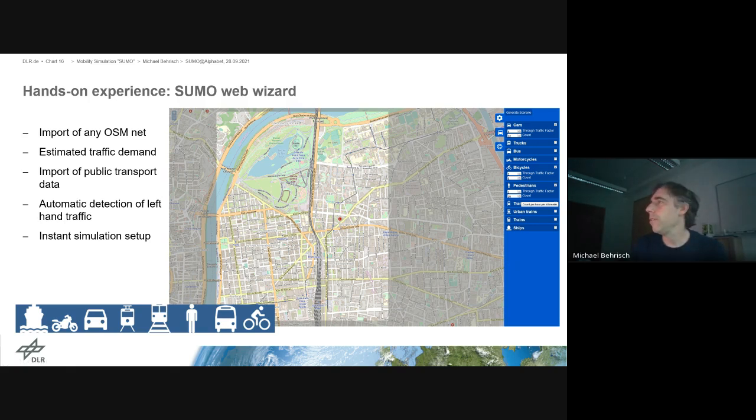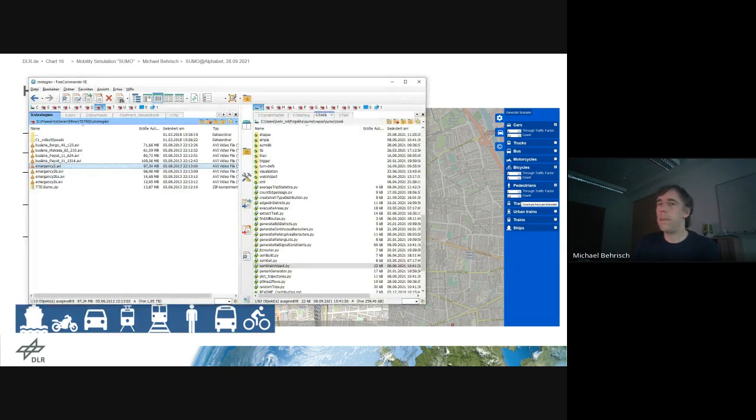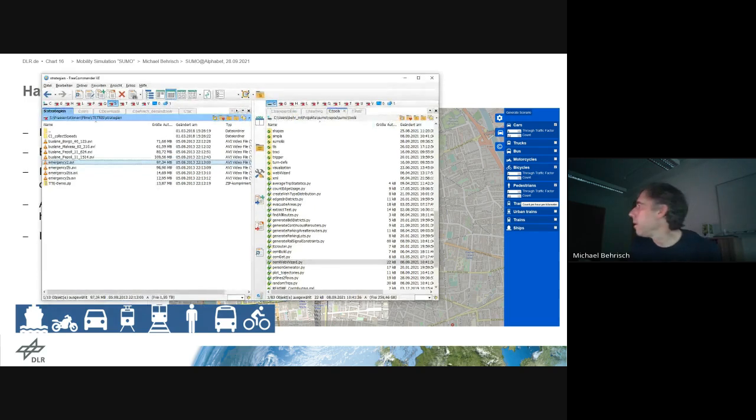If you are on Linux, it should be somewhere in the tools directory of your SUMO installation, somewhere like user share SUMO tools, for instance. So I can just show here, where's mine? So here's my OSM Web Wizard.